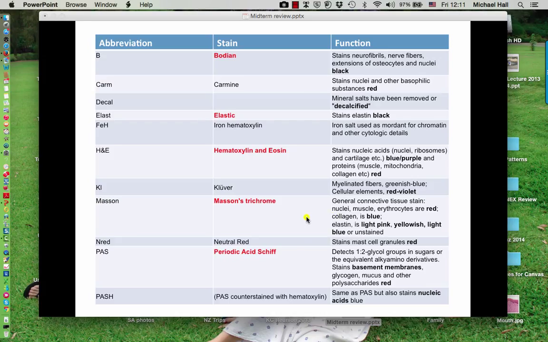And then the periodic acid Schiff one is specifically used for staining basement membranes and other polysaccharides, but it stains features which have a lot of sugars in them.